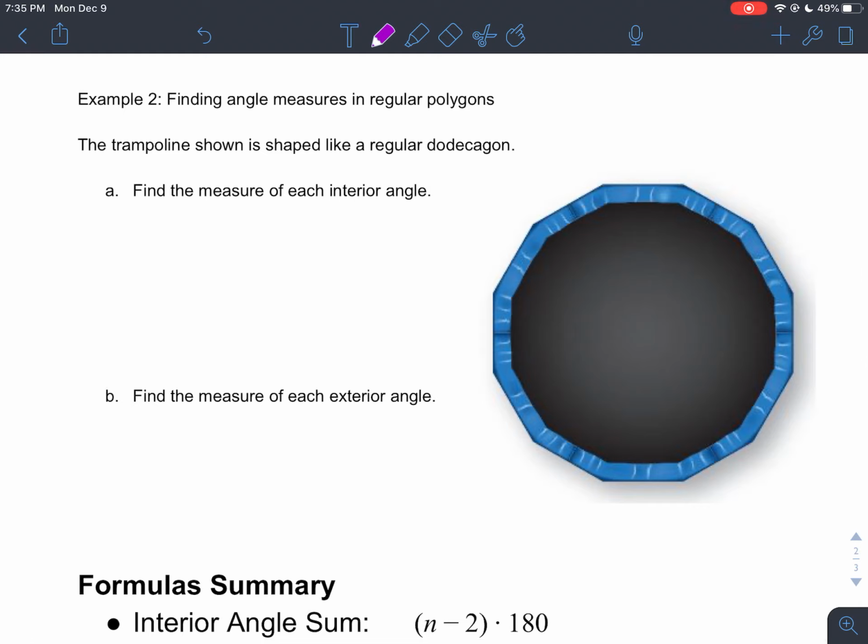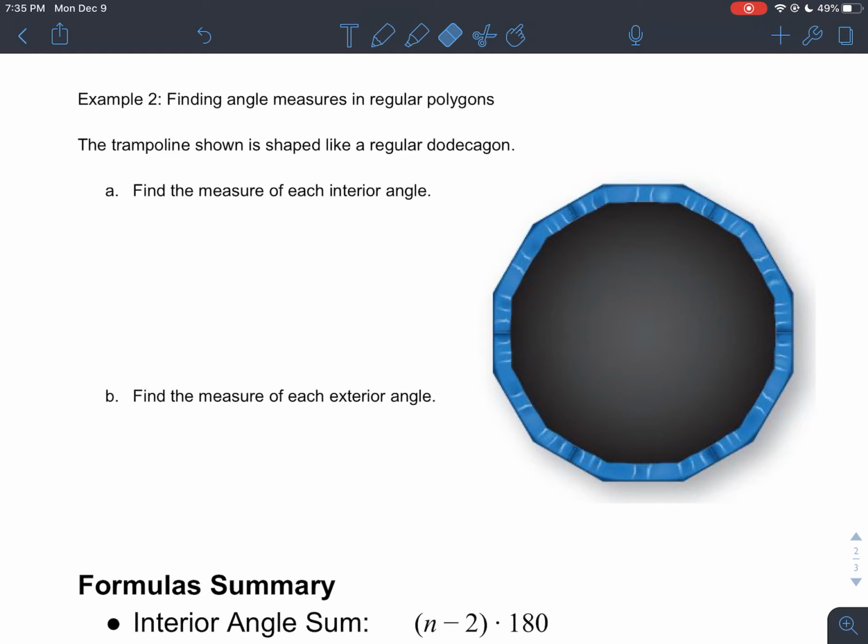All right, so it says finding angle measures in regular polygons. So we have a trampoline here. It says the trampoline is shaped like a regular dodecahedron. Dodecahedron means that it has 12 sides. So dodeca, 2 and 10. 2 and 10 is 12. Regular means all the angles are the same.